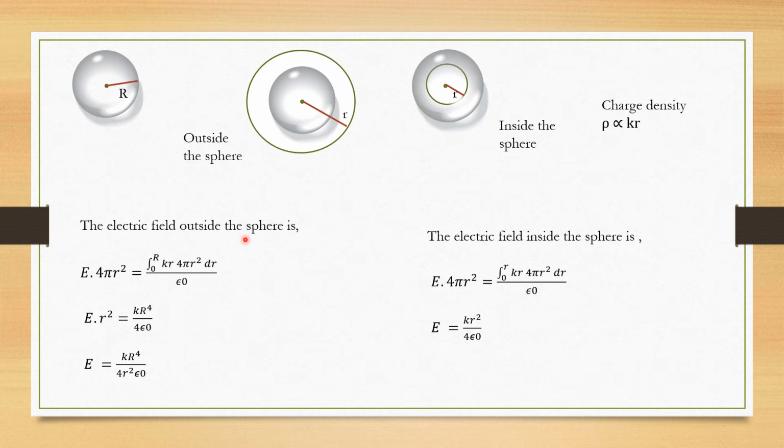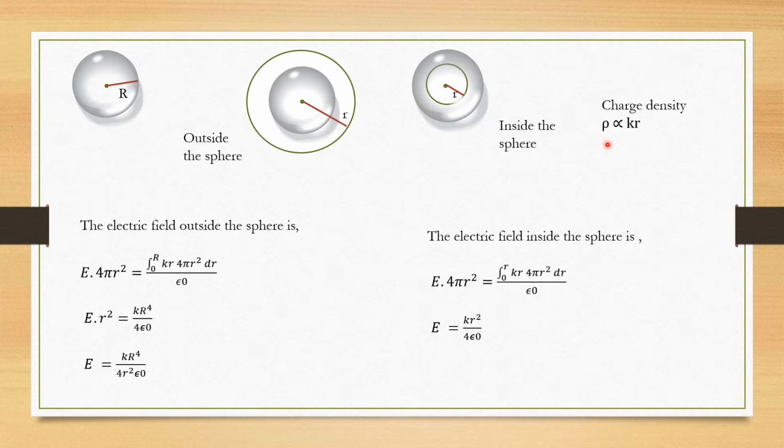So outside the sphere, the electric field will be k R to the power 4 by 4 r squared epsilon naught, and inside the sphere, the electric field will be E equal to k r squared by 4 epsilon naught.